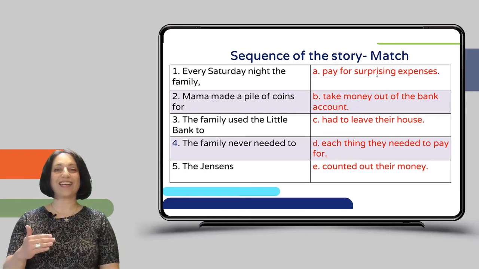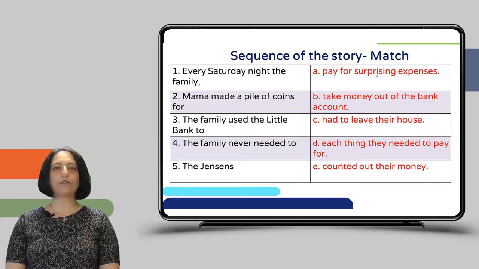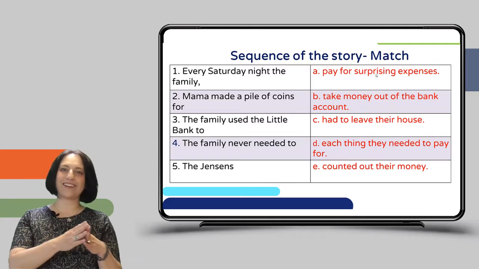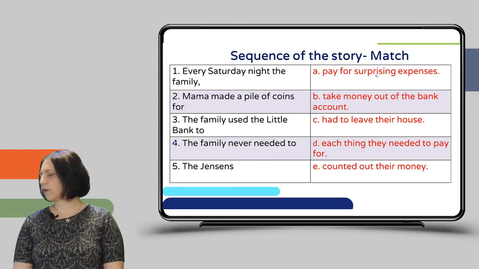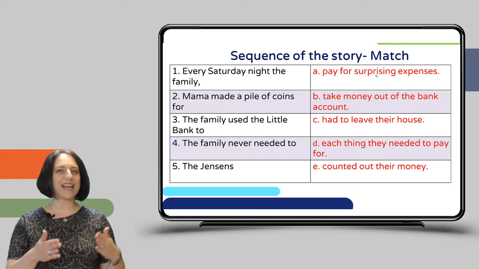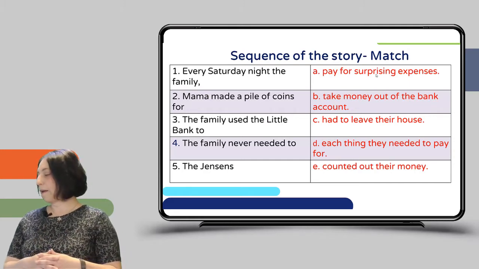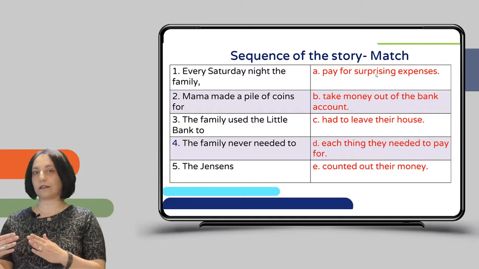Go through each sentence, the red sentences, and see if you can match this part of the sentence to the other part of the sentence. So something happened every Saturday night. Do you remember what happened every Saturday night? Then Mama made a pile of coins for.